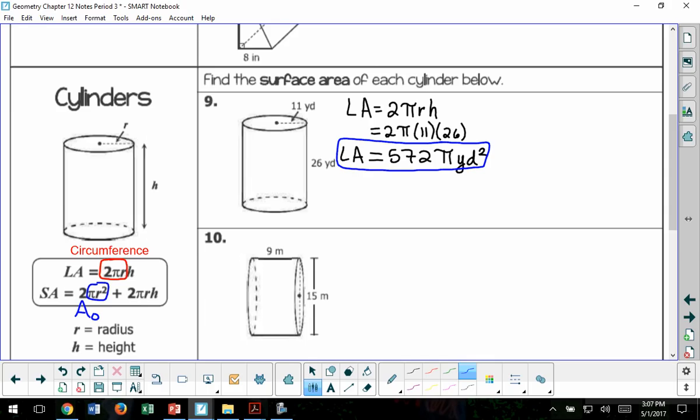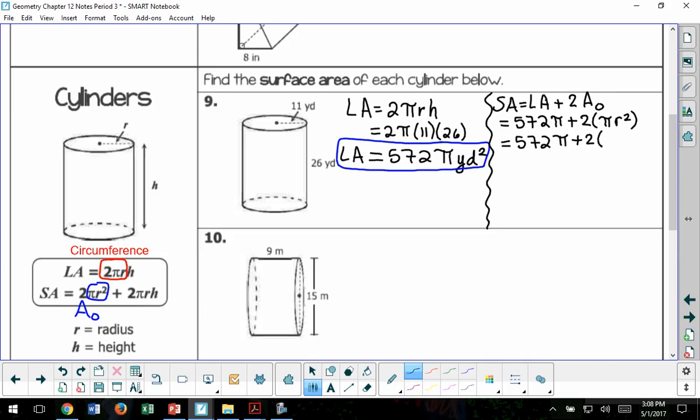So to find the surface area, it's going to be your lateral area plus 2 times the area of your base. So it's 572 pi plus 2 times pi r squared. So 572 pi plus 2 times, your radius is 11, so do it that way.